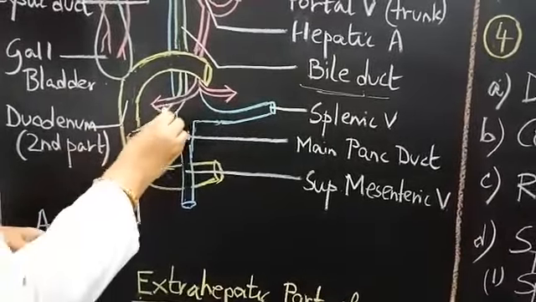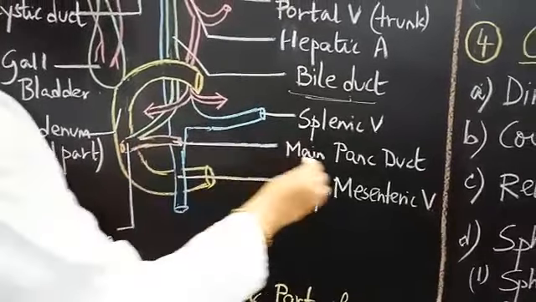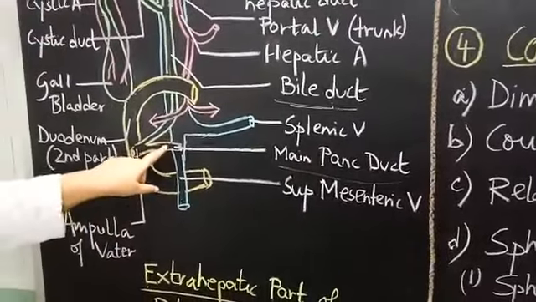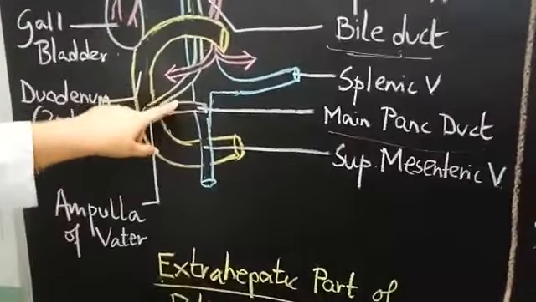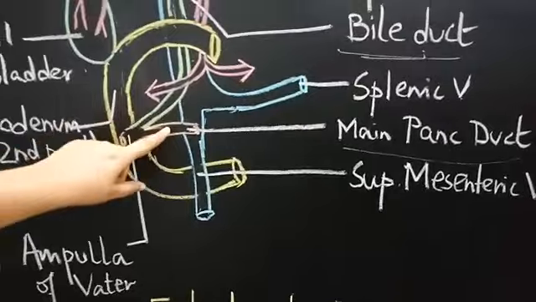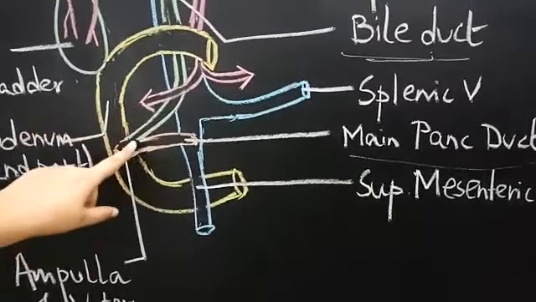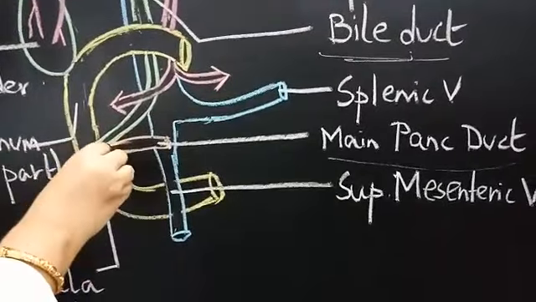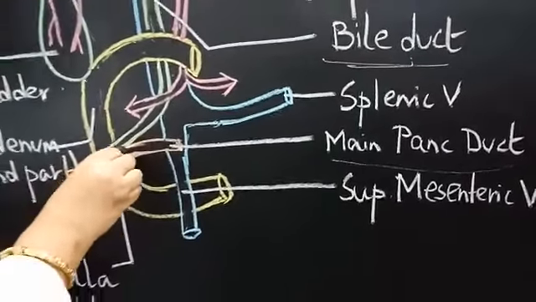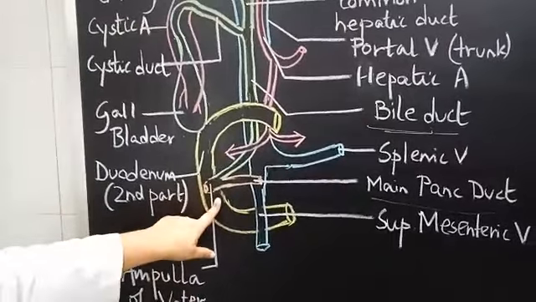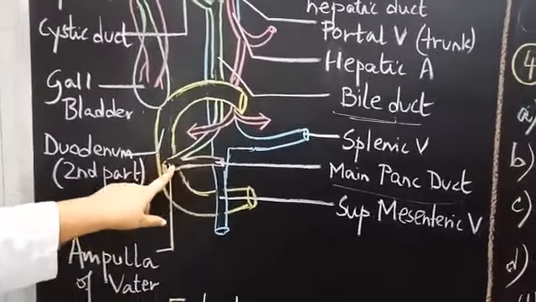Then what happens? It comes in close relation with another important duct, that is the main pancreatic duct, which I have drawn with orange color. So these two ducts, the main pancreatic duct and the common bile duct, pierce the posteromedial wall of the second part of duodenum separately, and within its musculature they unite and form a dilatation.